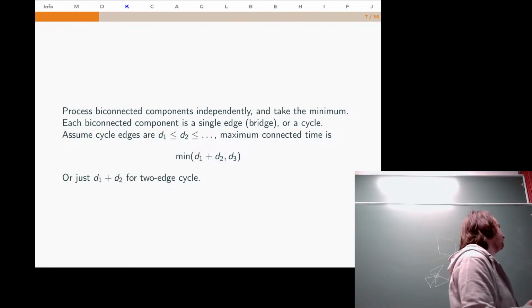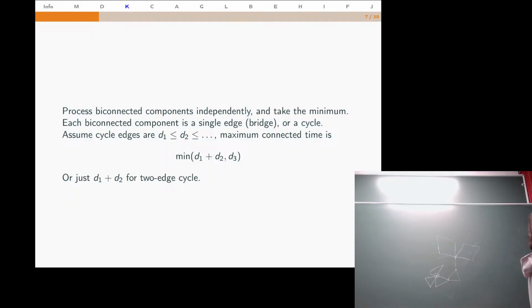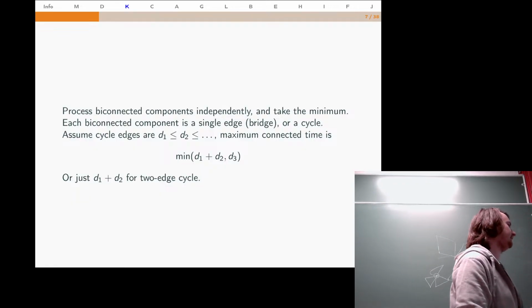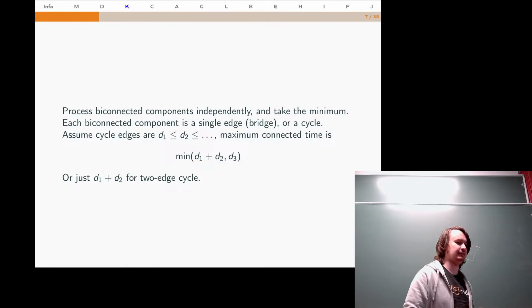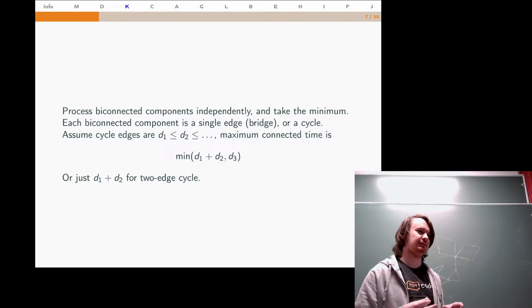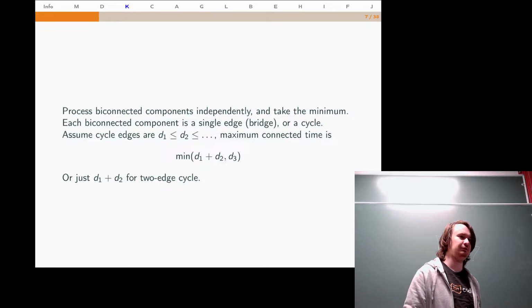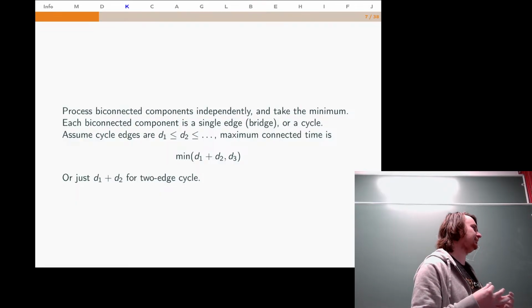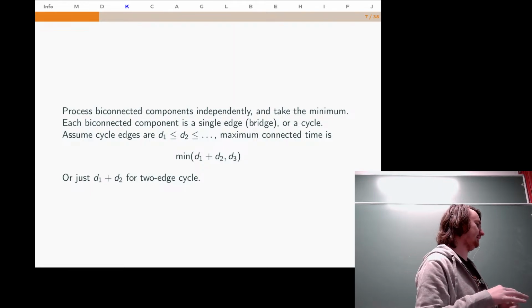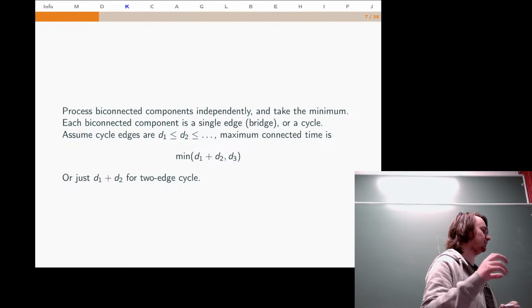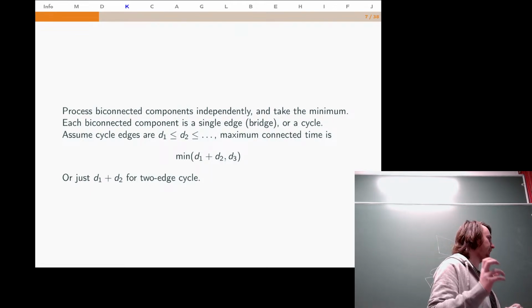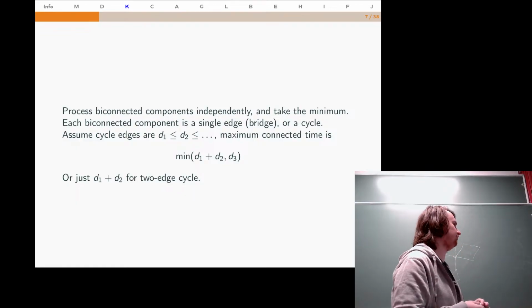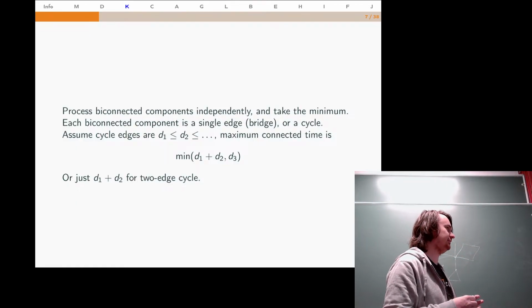And if we have some larger cycle with m edges, with lifetimes d1, d2, and so on up to dm, then the answer to how long we can keep the cycle alive is the minimum of d1 plus d2, and d3. Because to keep the cycle connected, we need at any point of time to keep m minus 1 edges active.